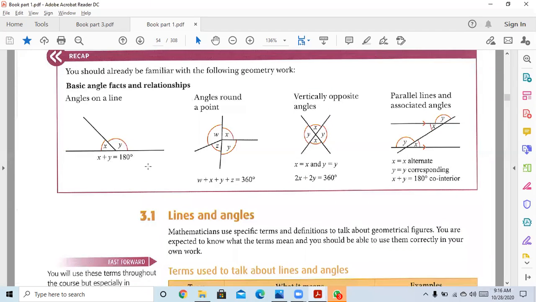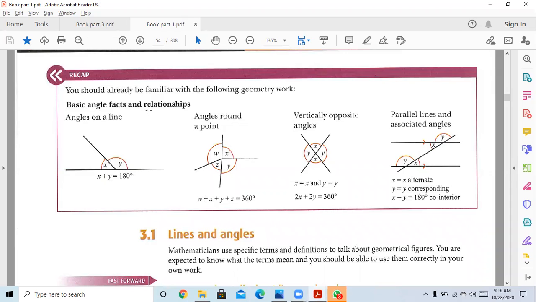Before I start, you must know the basic facts and relationships. If you have a straight line, the angle of the straight line should be 180. So suppose in between this line you have another angle, you just subtract it from 180 and you will get the other angle. It is the same if you have a full turn, from top, bottom, all sides: a full circle is 360, so accordingly you will find the other angle.